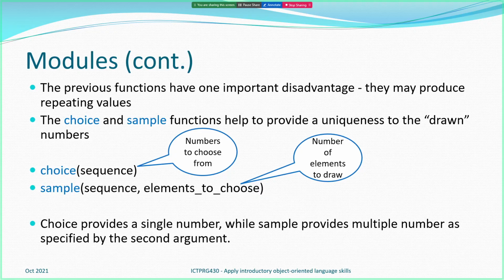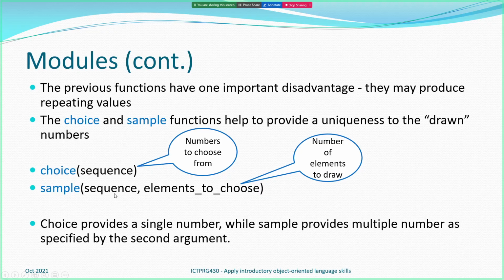So choice allows you to pick a single number out of a sequence. So it's a drawn number. Whereas sample gives you a list of numbers, and what it will do is draw a set number of numbers.